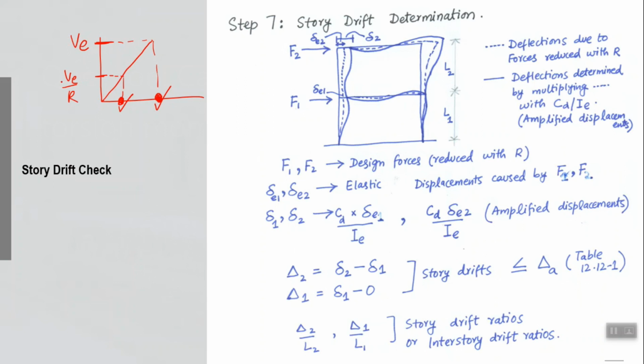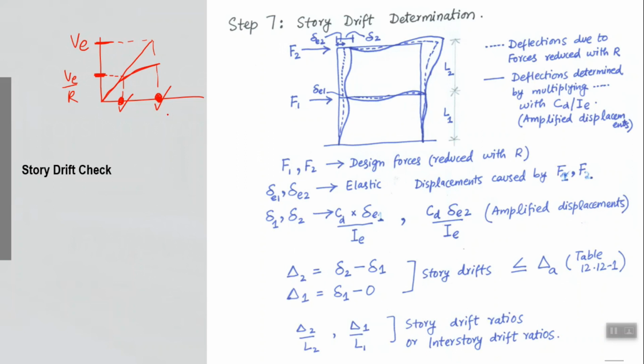The earthquake is going to come. When we say VE over R, it is not that our design earthquake is going to have a reduced magnitude. It will come anyway. We are providing a capacity less than what is required, right. So when an actual earthquake occurs, our real structure, which is designed on VE over R, is going to follow this line, this deviated line.